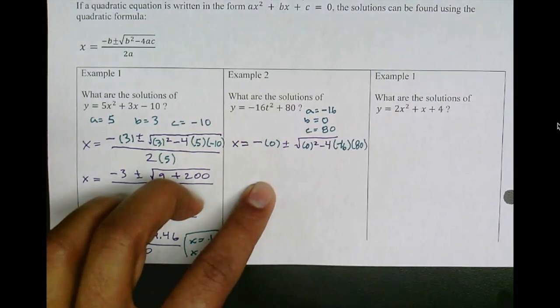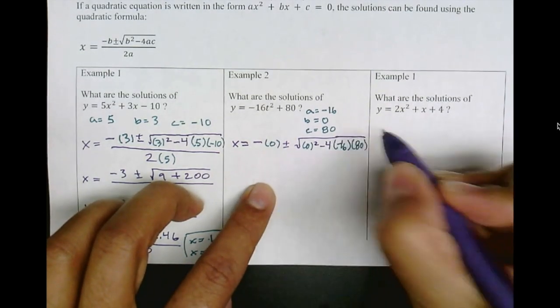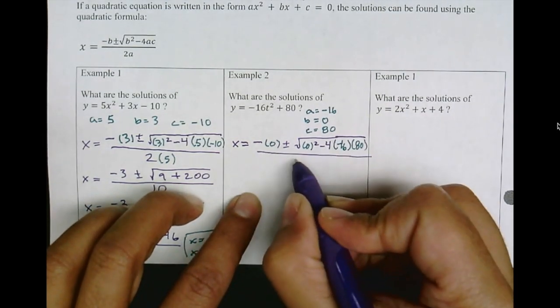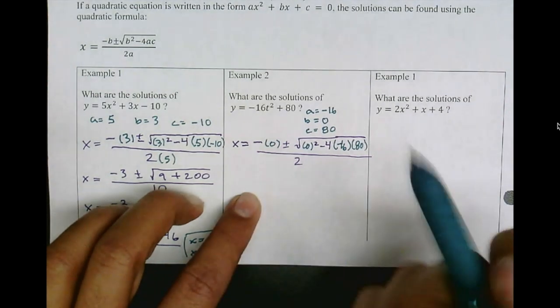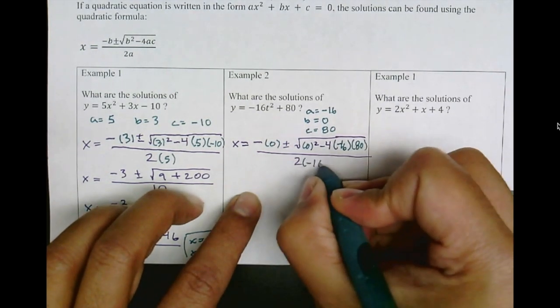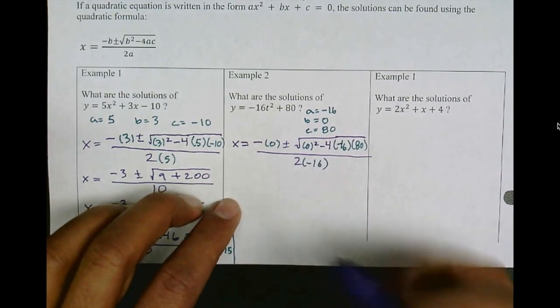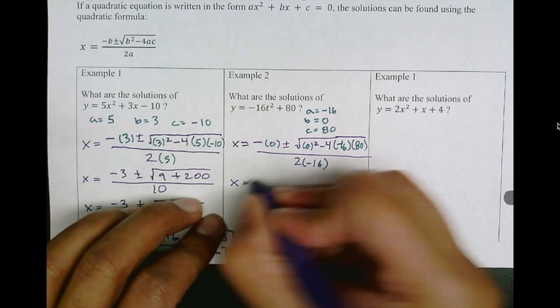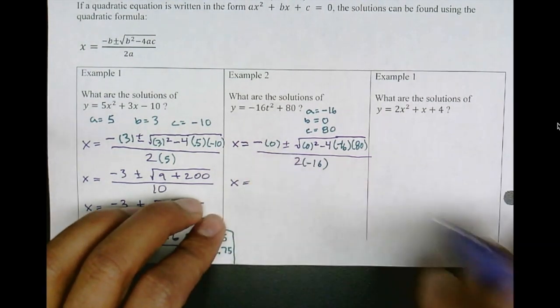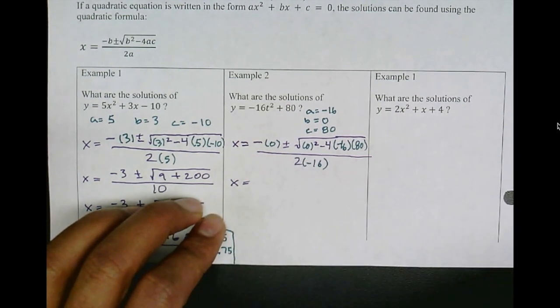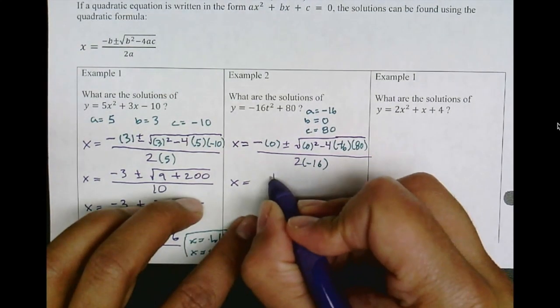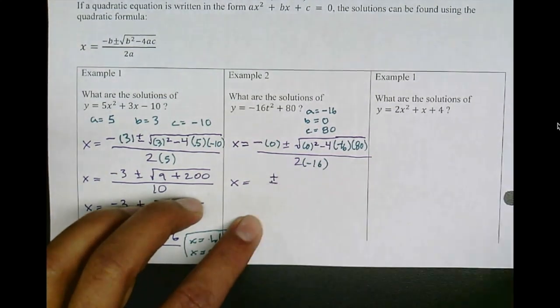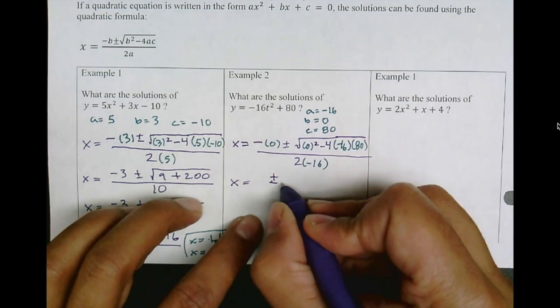C is 80. And that's all divided by 2a, 2 times negative 16. So again, once you've plugged your values in, let's just go ahead and start simplifying. Negative 0, there's no such thing as a negative 0. It's just 0. But why even write it? Because when we add it or subtract it, it's not going to make a difference. So I'll just leave it out.